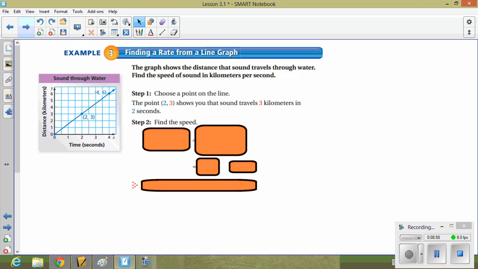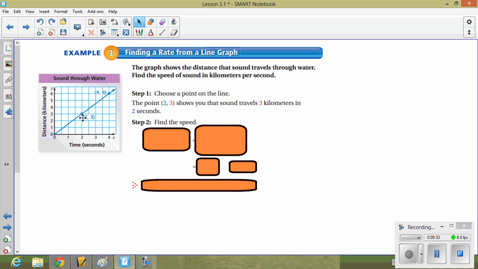Next example. The graph shows the distance that sound travels through water. Find the speed of sound in kilometers per second. Okay, so if I take a look at the graph, keep your eyes right here. 0, 1, 2, 3, 4 represents your time, seconds. So no seconds or 0 seconds, 1 second, 2 seconds, and so on. And if I take a look at the y-axis, the 0, 1, 2, 3, 4 up to 6 and so on represents distance in kilometers.